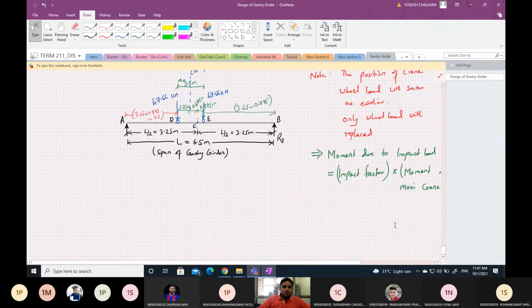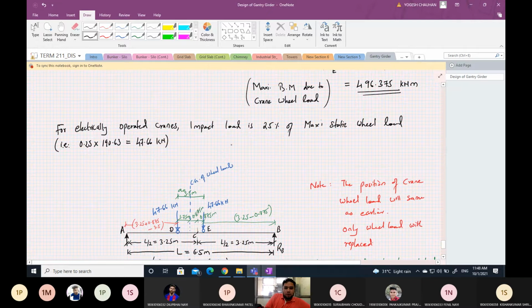So we can directly write the moment due to impact load equals 0.25, where the impact factor is 0.25.